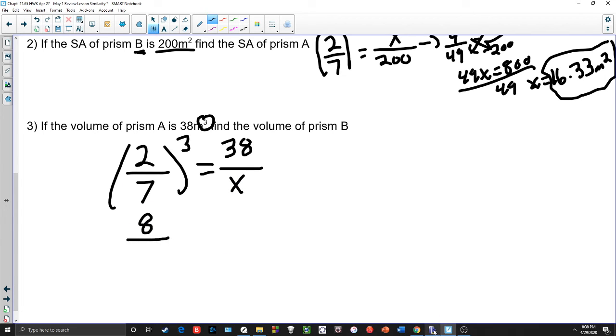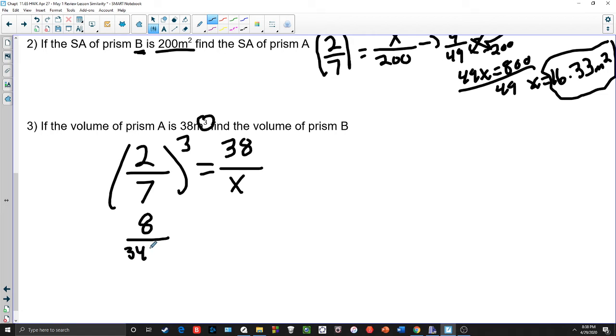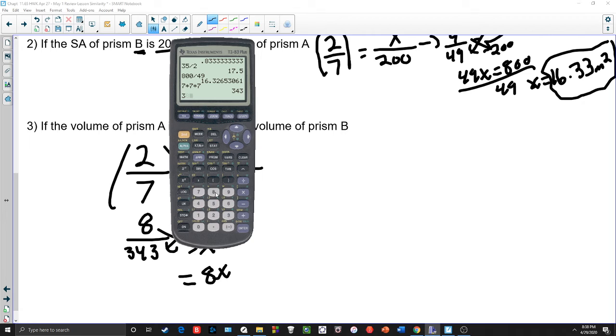And then 7 cubed is 7 times 7 times 7, 343. Is equal to 38 over x. You cross, you get 8x is equal to 38 times 343. We get 13,034.